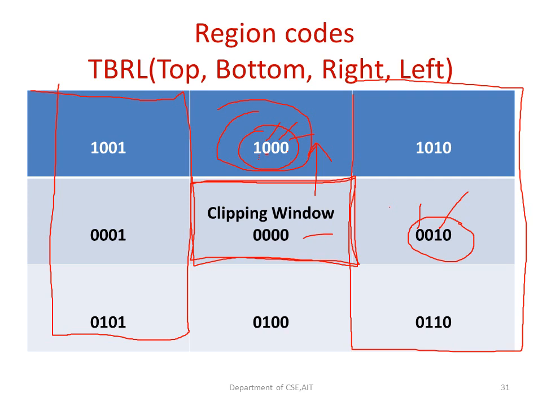You can observe that all the regions above the clipping window have the first of the 4 bits equal to 1 because they are on the top. And in the right column, the regions to the right of the clipping window, you can see that the third bit is equal to 1.